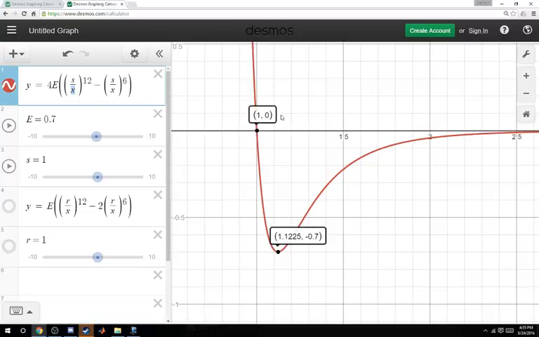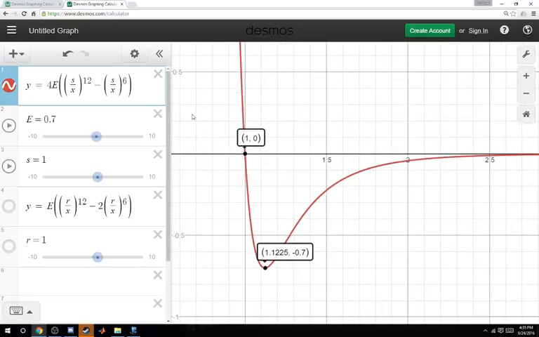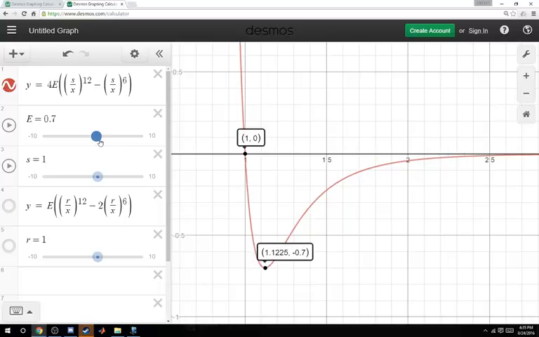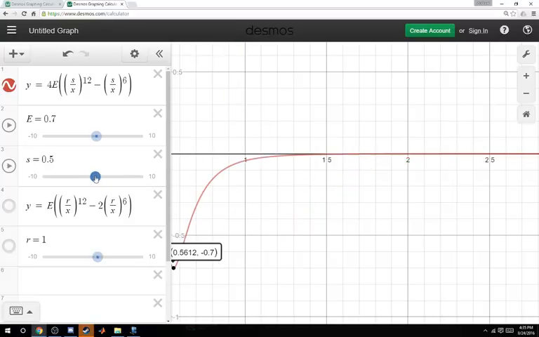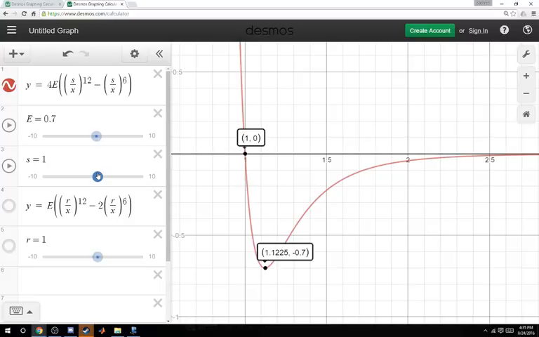And all this filled out. So you see pretty much identical type of graph. And as you can see, the sigma here, which we defined as the distance at which the potential is 0, is 1.2. This is where the potential is 0, and it's useful to have that information.